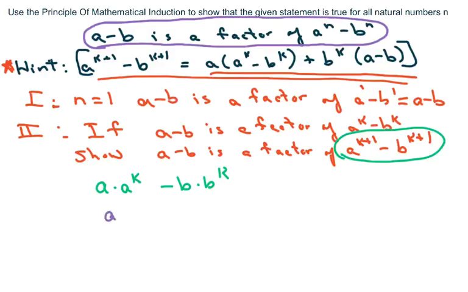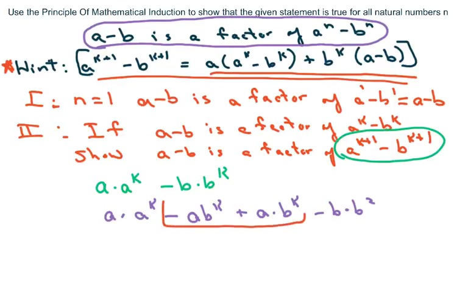We write a times a to the k, and then subtract a times b to the k, plus a times b to the k, minus b times b to the k. If you look at this part right in here, this equals 0. It's a little trick you can use in mathematics, because we wanted to get to this hint part. I'm just adding 0, but it's going to help me factor this.